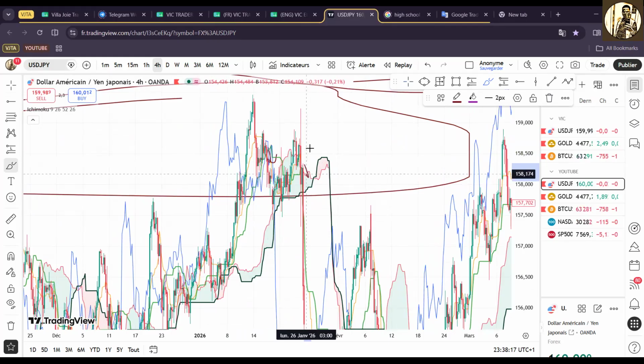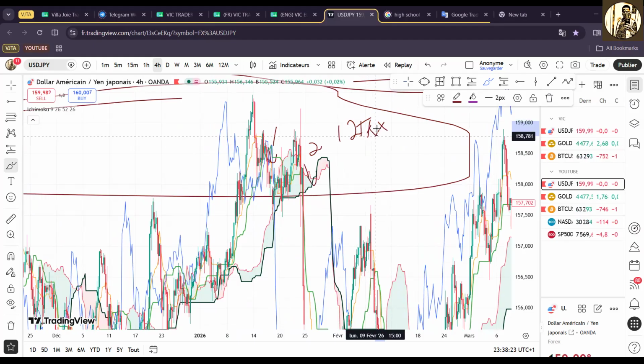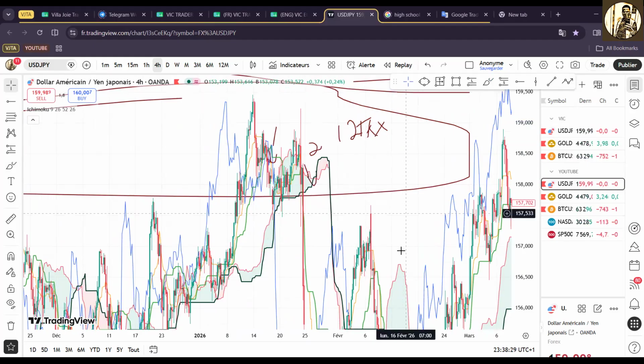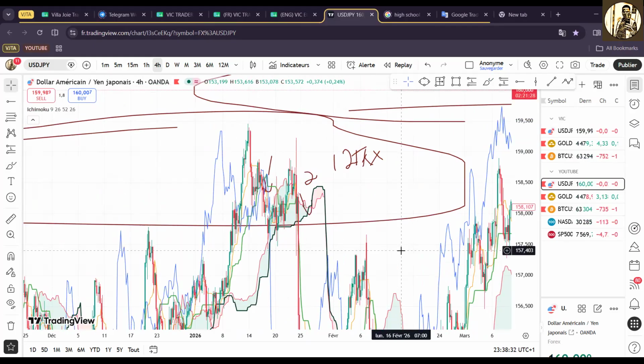It is 1, 2. It creates a 1, 2 ticket cost. So that's the general case.